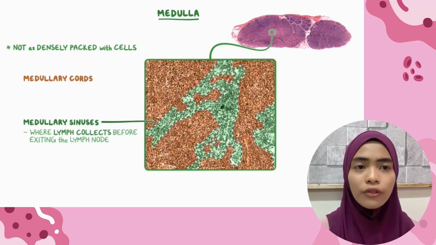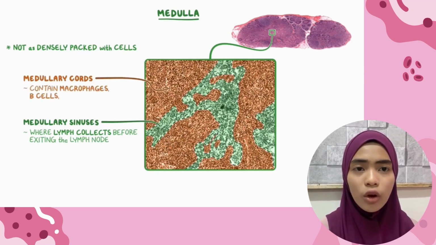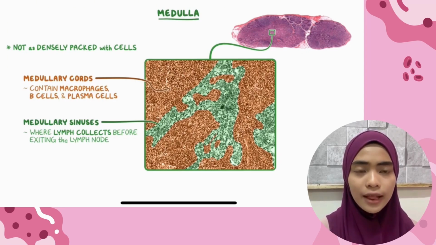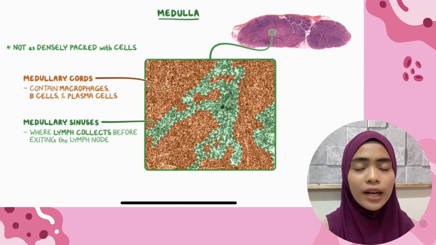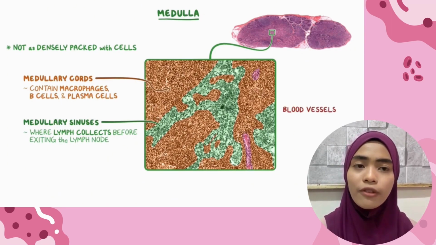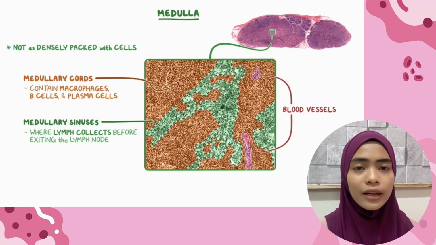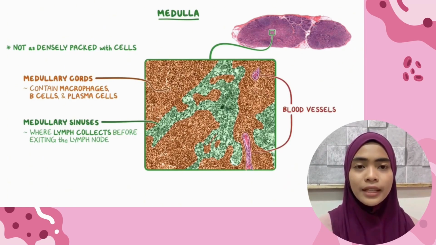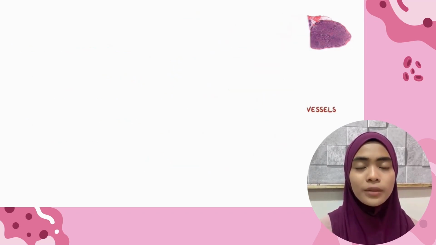The shape of the sinus is formed by the surrounding medullary cords, which are cords that contain macrophages, B cells, and plasma cells. Medullary cords are branching cord-like extensions of lymphoid tissue arising from the paracortex. In this diagram, we can also see a few blood vessels within the medullary cord area as well.